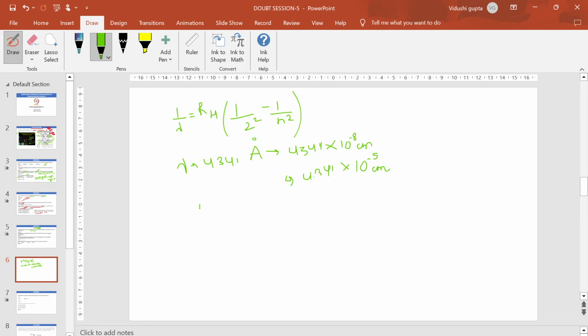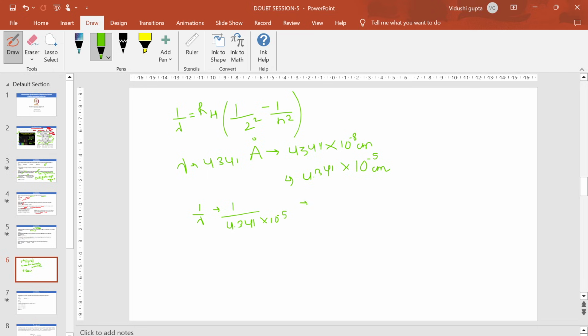Now for the formula we need 1 by wavelength. So that means 1 upon 4.341 into 10 minus 5.